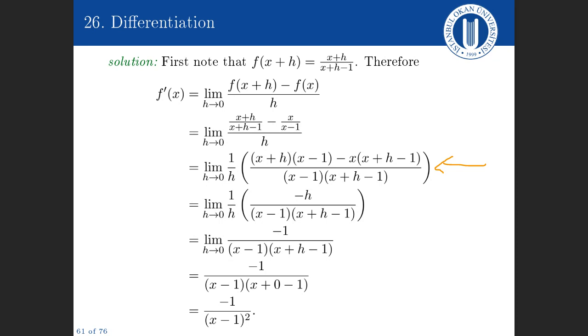Multiply out the top and cancel the terms, and we just end up with minus h on the top, but that h cancels with the h on the bottom. Minus 1 divided by x minus 1, x plus h minus 1. At this point, we can see that we're not dividing by 0 anymore, so we can replace the h by 0, and then we get our final answer, minus 1 over x minus 1 squared.